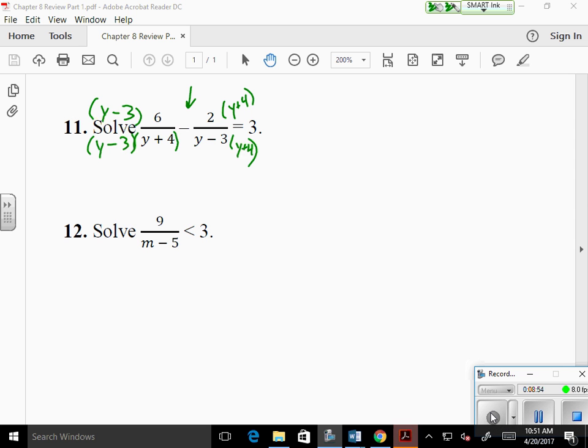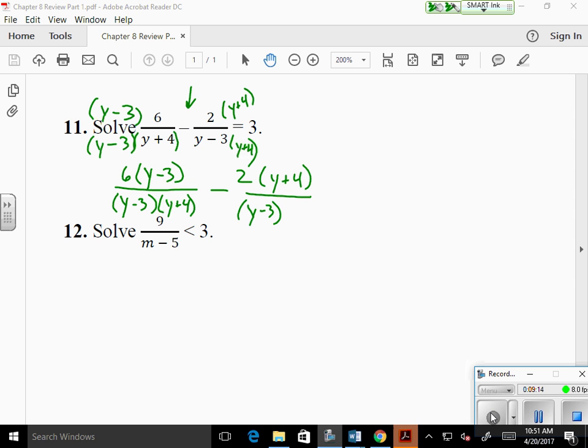So we end up with 6 times y minus 3 over the y minus 3 times y plus 4, minus the 2 times the y plus 4 over the y minus 3 times the y plus 4, and that's equal to 3.